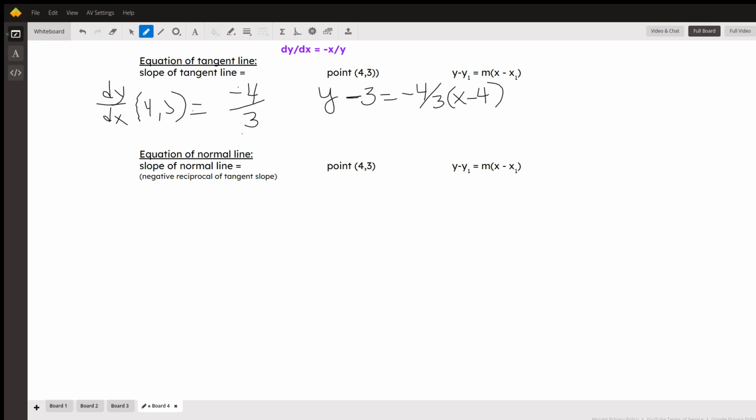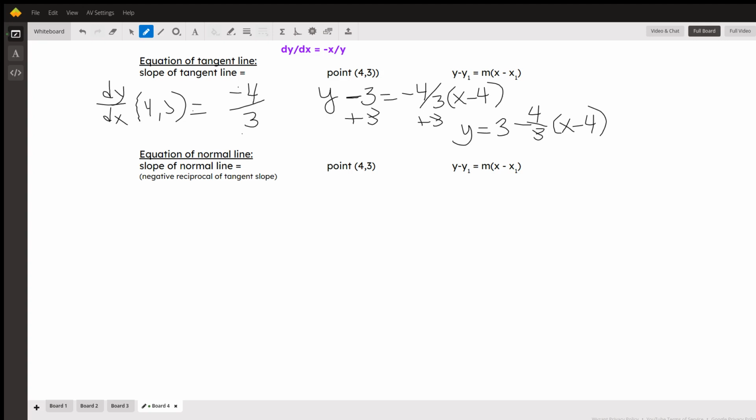Now to find the correct answer on your multiple choices, we would have to add 3 to both sides. And you would end up with y equals 3 minus 4/3 times x minus 4. So that is one of the problems you were doing, the equation of the tangent line at (4, 3).